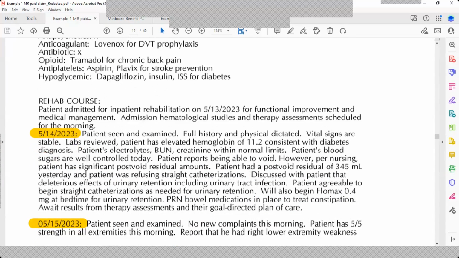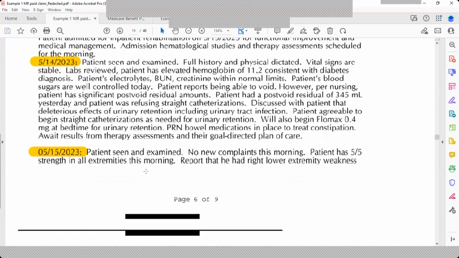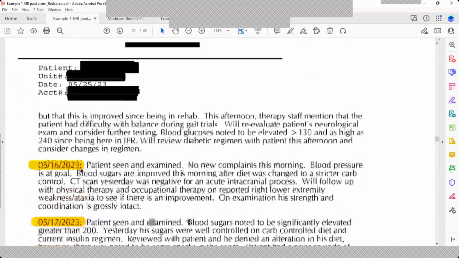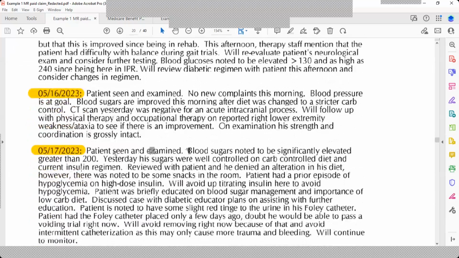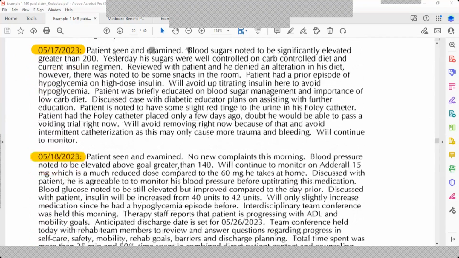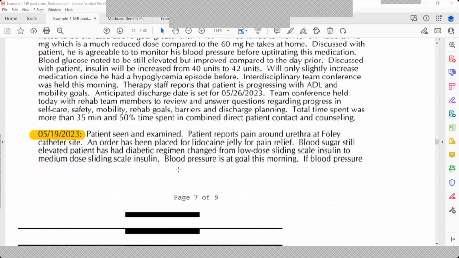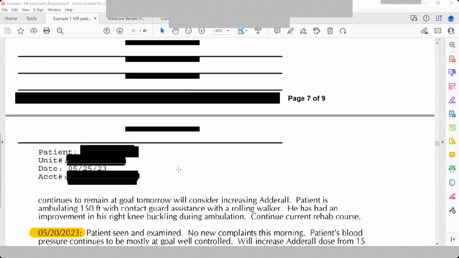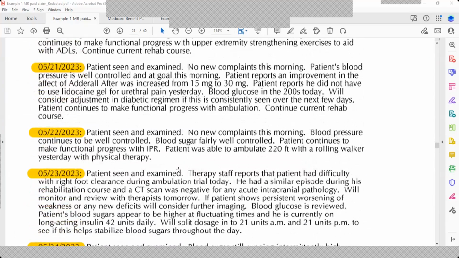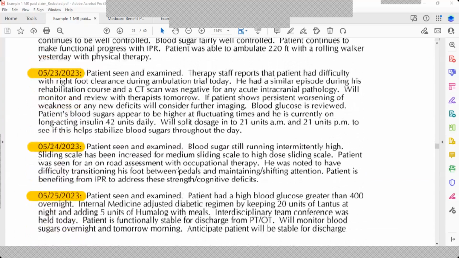So here we have May 14th, then we have May 15th, May 16th and 17th, May 18th, May 19th, and I'm just going to scroll till we get to the 25th, May 20th, 21st, 22nd, 23rd, 24th, and then the 25th.